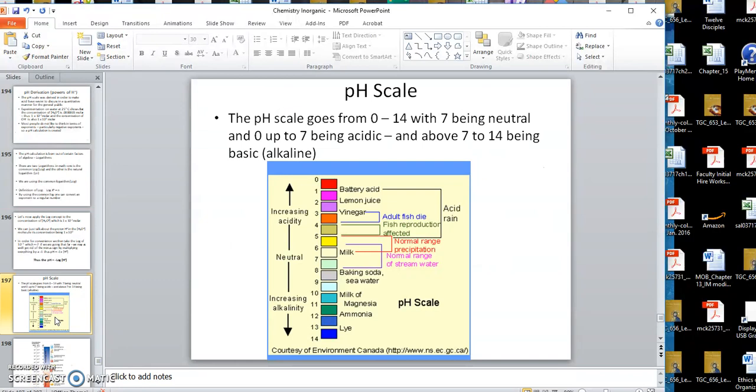Here's the pH scale. Some of you already know this. A pH of 7 is basically neutral, which means you have as much acid as you do base. The lower numbers show more acidity, and the higher numbers show more alkalinity, which is another name for base. All right.